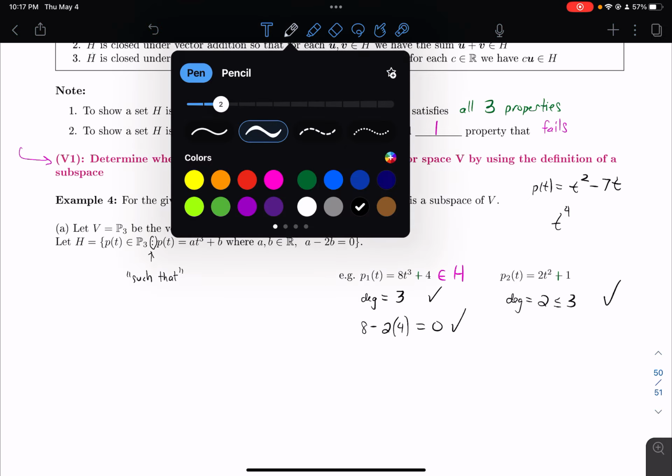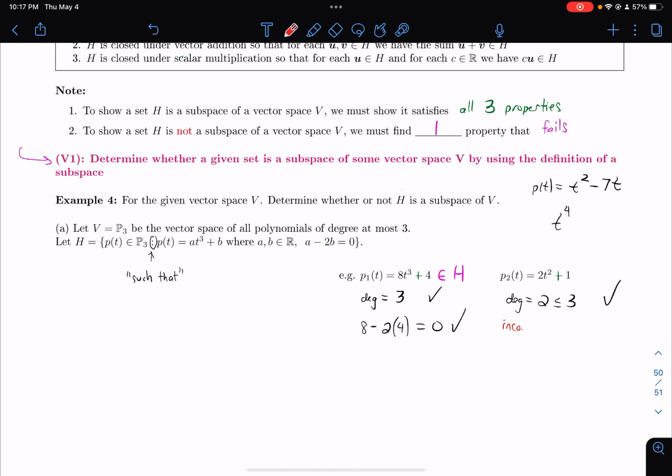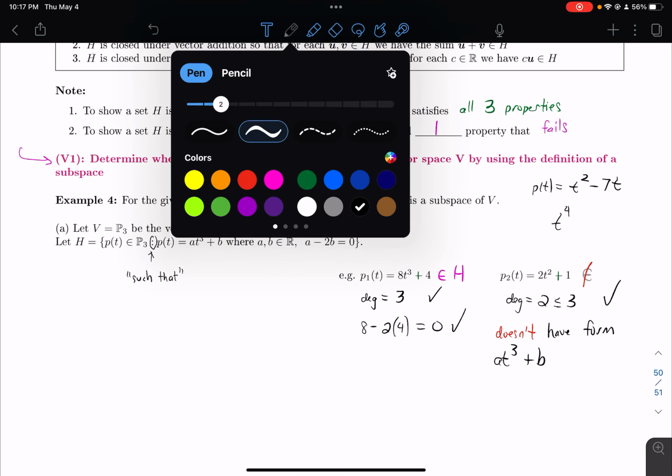So I'm going to say it doesn't have the form that we need. It doesn't have the form a t cubed plus b because of the presence of this t squared term. Okay, so as a result, this polynomial, put a slash through that symbol, is not in our set H.